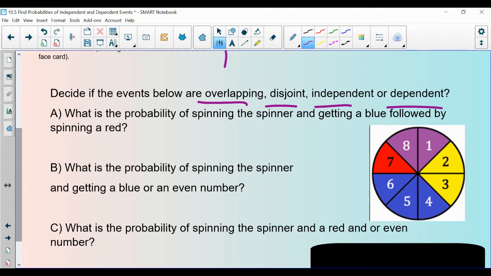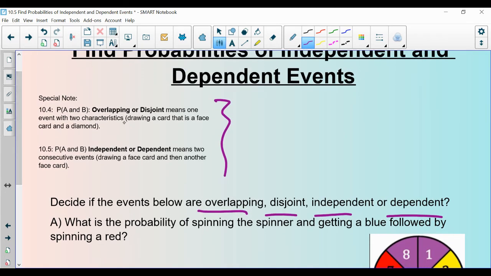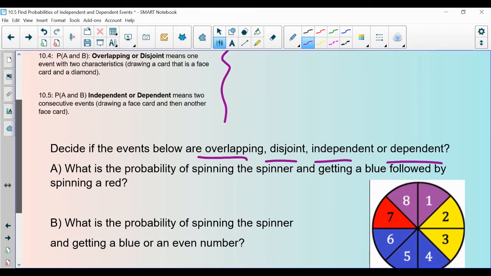So if I said, what is the probability of spinning the spinner and getting a blue, and then followed by spinning a red? So a blue spin and then a red spin. Is this one spin, and we're looking at two characteristics of that one spin, or is it two spins? Hopefully you guys can pick up from this that I'm spinning it twice. I'm spinning and getting a blue, and then spinning and getting a red. So it's either going to be independent or dependent.